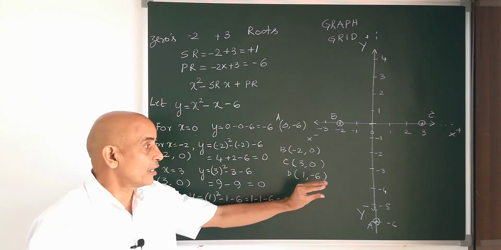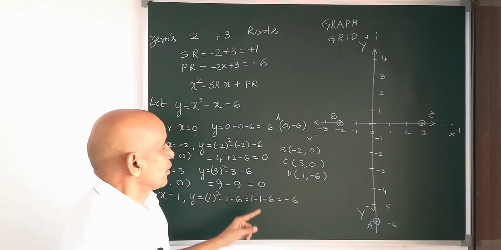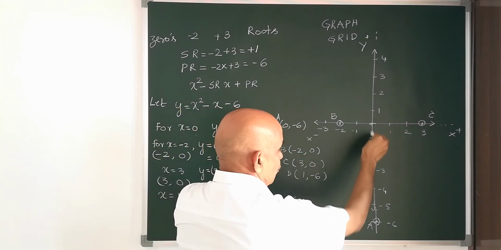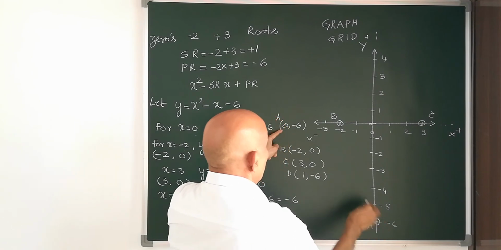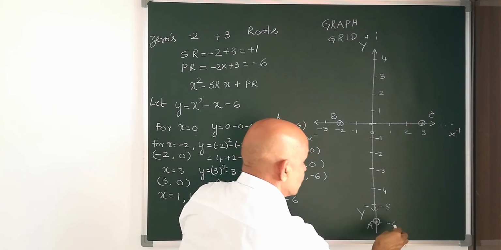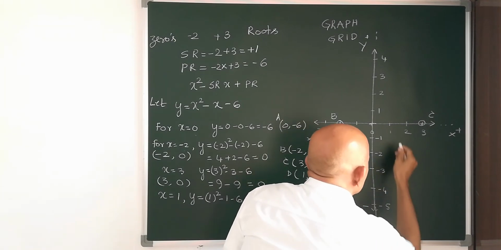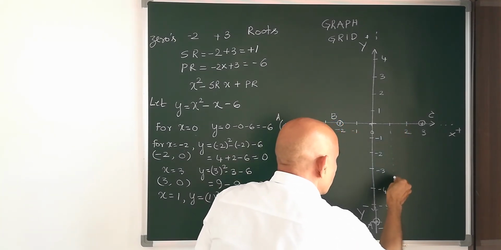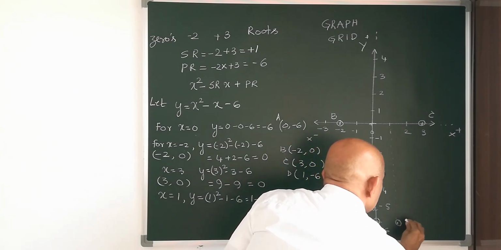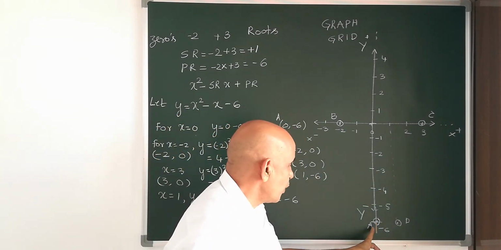So understand how this quadratic expression is behaving on the graph paper. When x is 0, we got y as minus 6. And when x is 1 also, we got y as minus 6. If you look at the graph grid here, this is the point D, whose coordinates are x is 1 and y is minus 6.